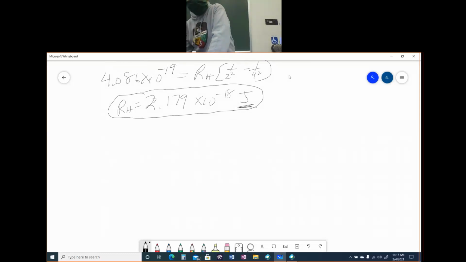I'm going to give you the Rydberg constant in terms of energy in joules, not in terms of wave number as they have in the back of the book.